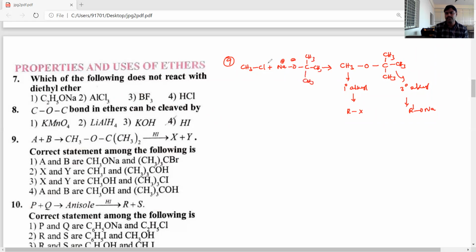Then the corresponding ether will form with loss of NaCl. It is an SN2 mechanism.